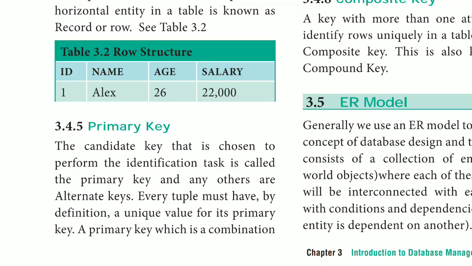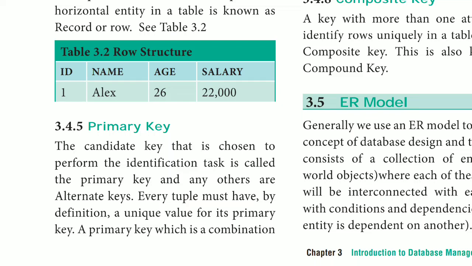The candidate key that is chosen to perform the identification task is called the primary key. So this entire row is identified by using this ID. If you want to get the name of a person who is getting salary 22,000 and whose age is 26, then you can use this ID number.